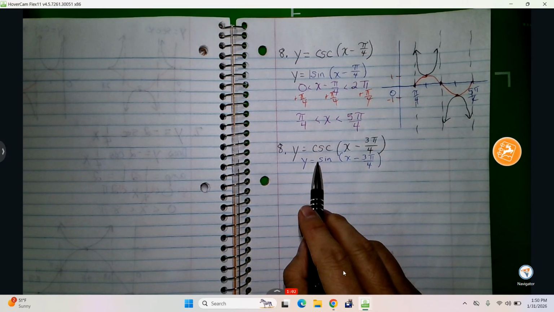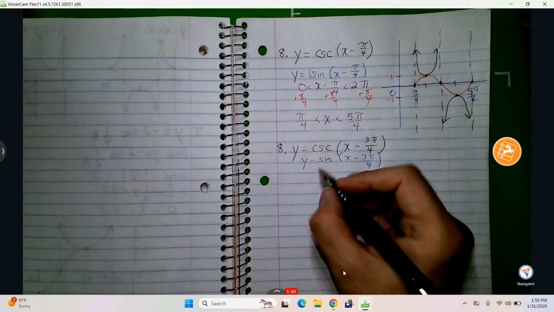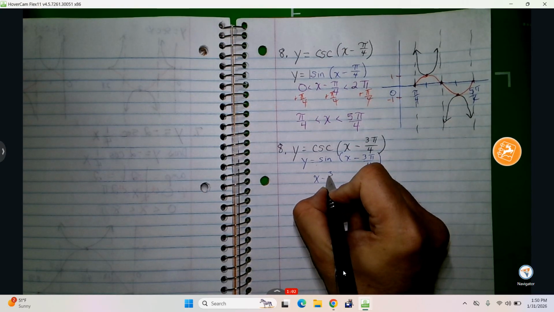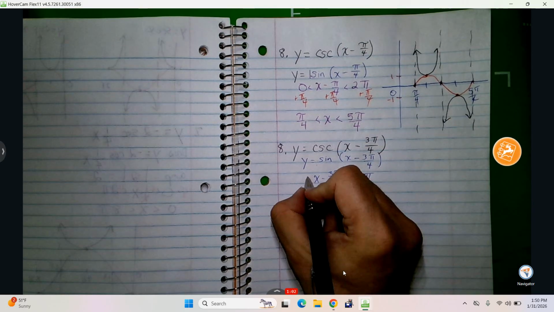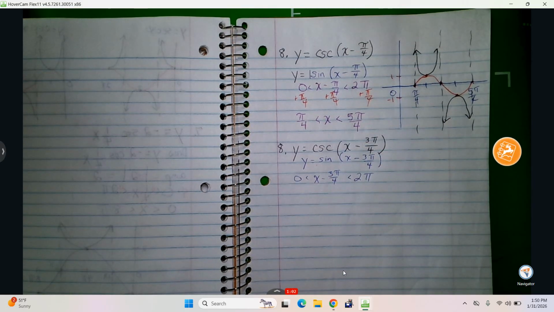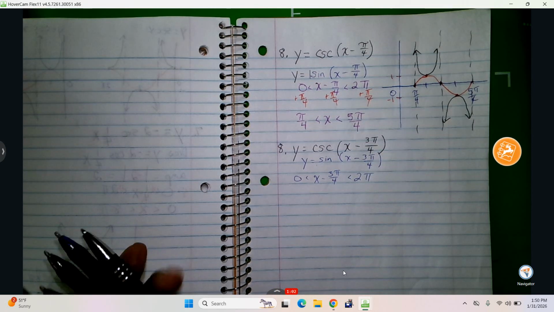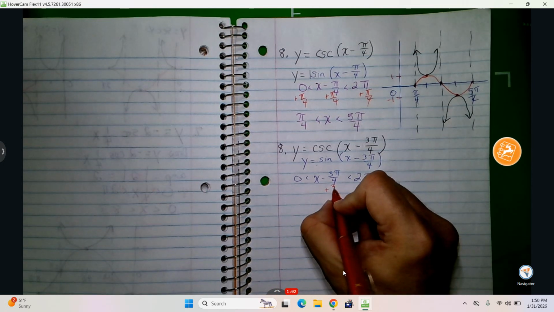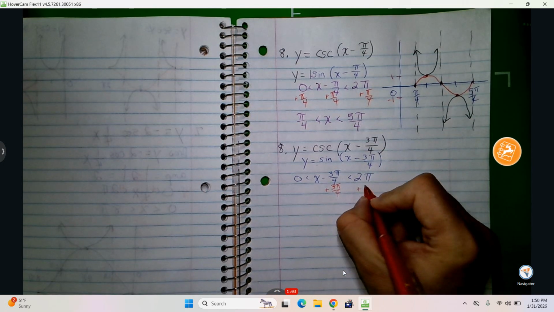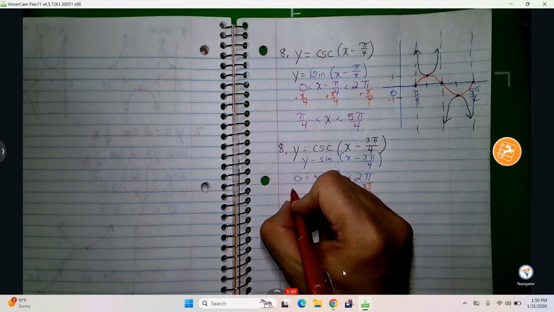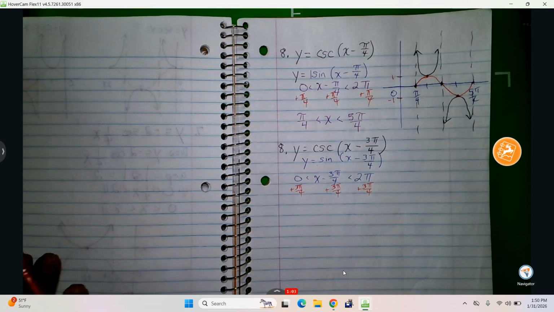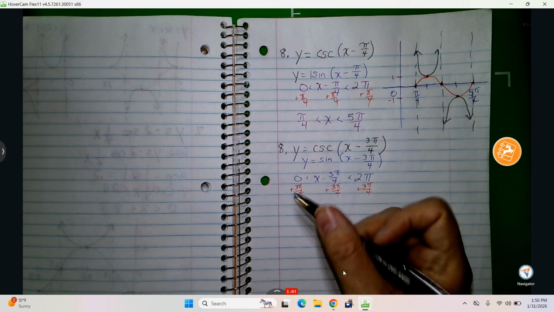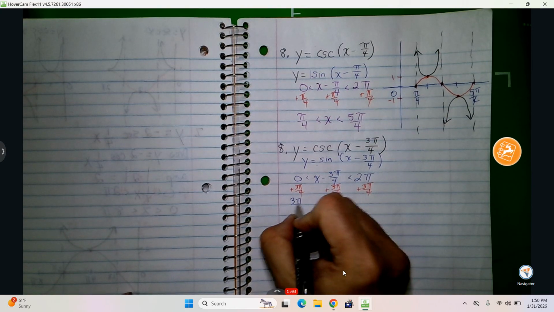So the amplitude for sine is still 1. Setting x minus 3 pi over 4 between 0 and 2 pi, I would add 3 pi over 4 all the way through. So 0 plus 3 pi over 4, that's 3 pi over 4.